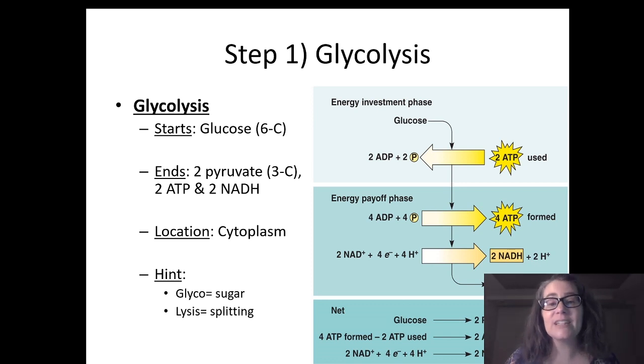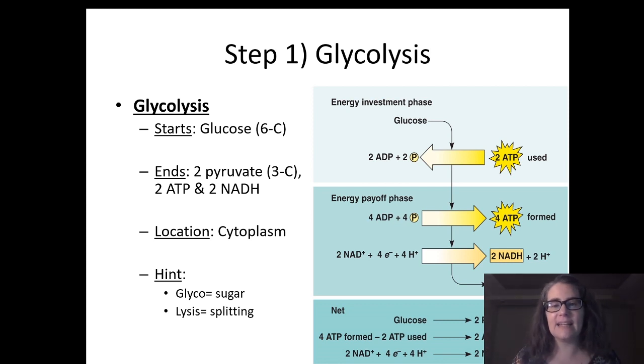And so we actually have to invest 2 ATP at the beginning to rearrange glucose in order to split it evenly. When we split glucose, then we get 4 ATP, but we often write this as a net ATP, 2 ATP gain, because we're applying 2 to start the reaction, we're gaining 4, so we're actually making a net of 2 ATP by the end of this particular reaction.